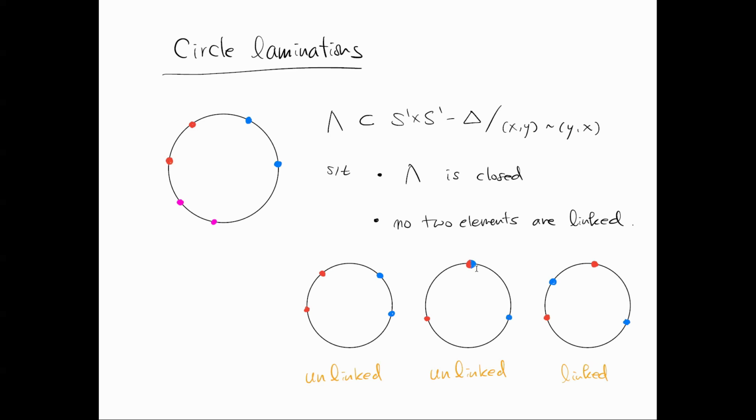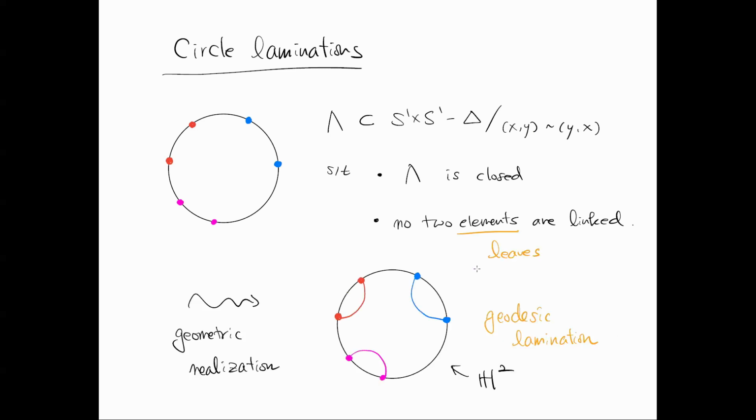And why lamination? Because it actually has a geometric realization. If you identify your circle with the ideal boundary of H2, and for each element in your lamination, draw a bi-infinite geodesic which has those two points as endpoints at the ideal boundary, then you get a geodesic lamination of H2. This is a union of bi-infinite geodesics of H2, pairwise disjoint, and it forms a closed subset of the hyperbolic plane.